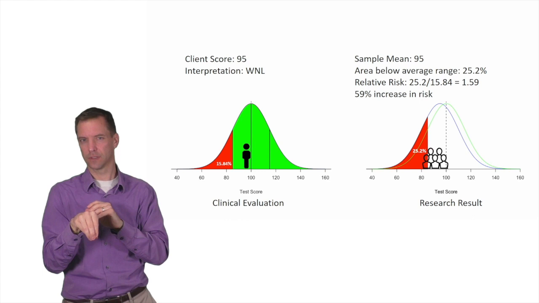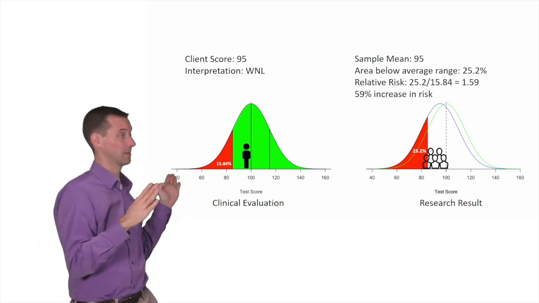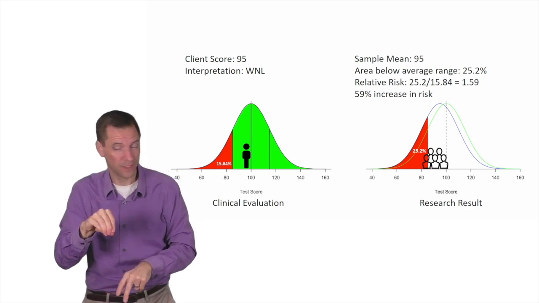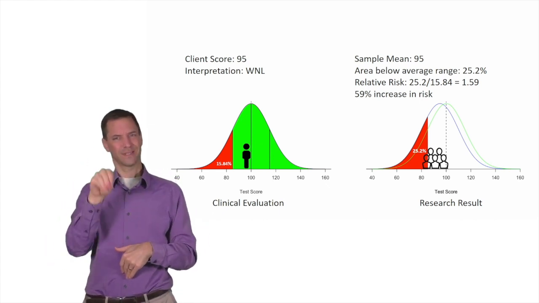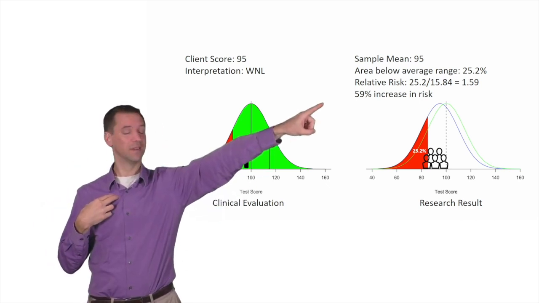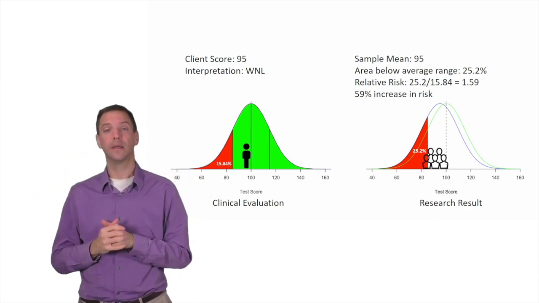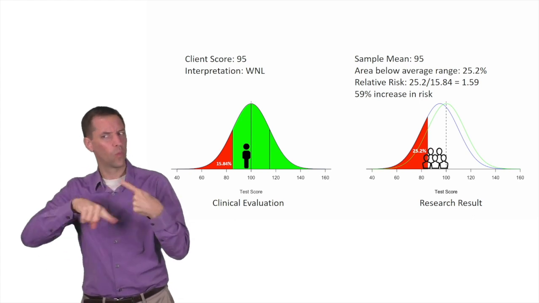Notice that in a healthy population, you will have a maximum of 16% of that population in the red area. And compare that against this shifted distribution where now 25% of the population is there. That's a 59% increase in risk for just a very small shift downward.